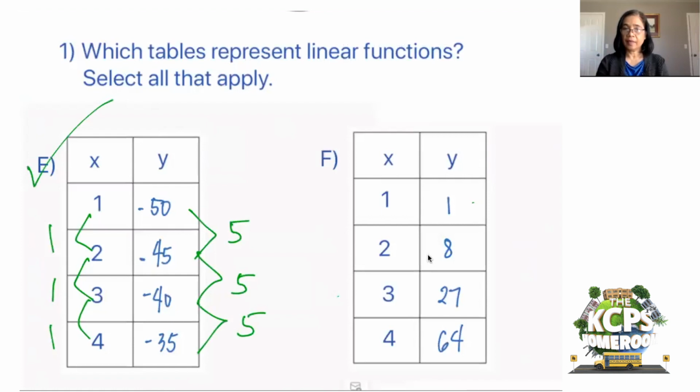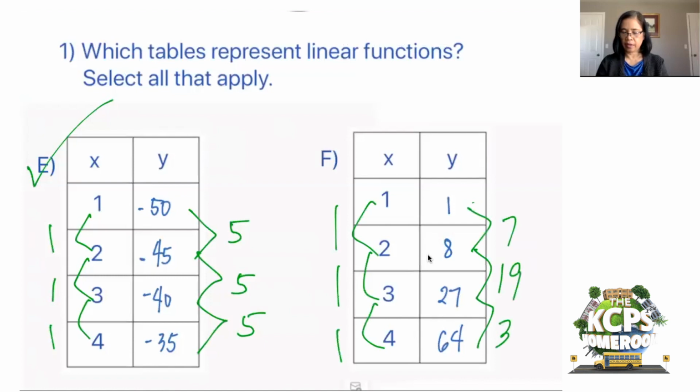For letter F, what do you think? Just by looking at the numbers in the Y column, do we have equal differences? This is 19, and this one is 37.